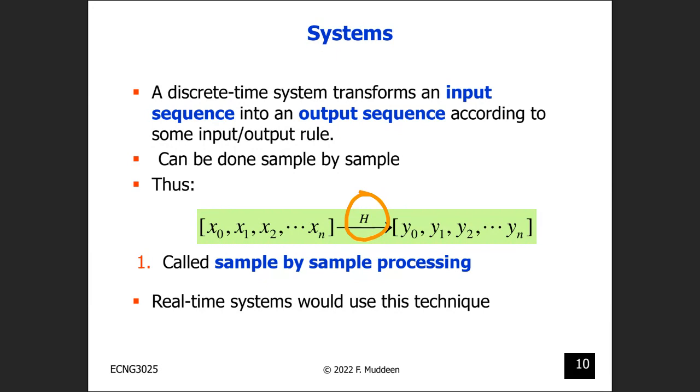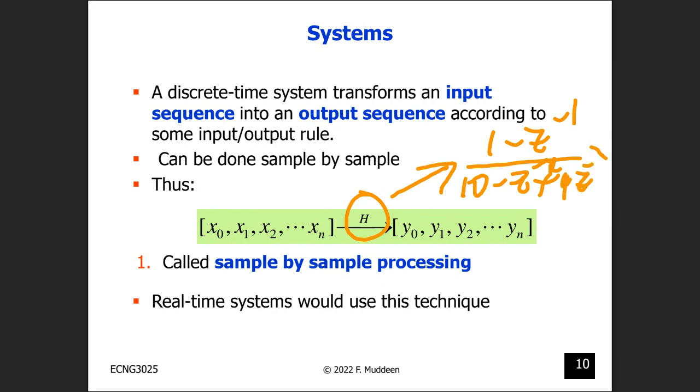You remember when you did the Z transform that you could describe it as, for instance, 1 minus Z to the minus 1 over 10 minus Z to the minus 1 plus 4Z to the minus 2. So it's described in the discrete time domain. The Z transform was a transformation of H, which was a difference equation. And when you worked it out, you got a set of values coming out. So numbers in, numbers out.